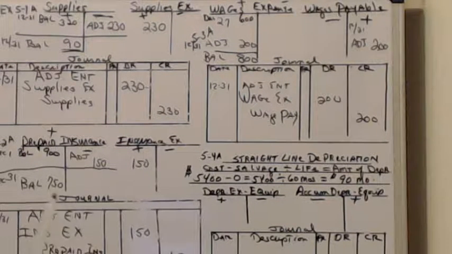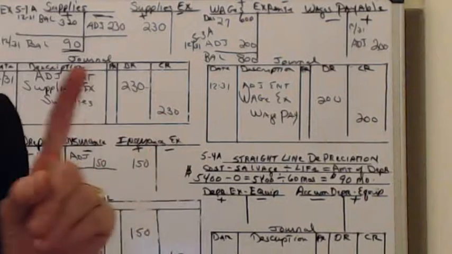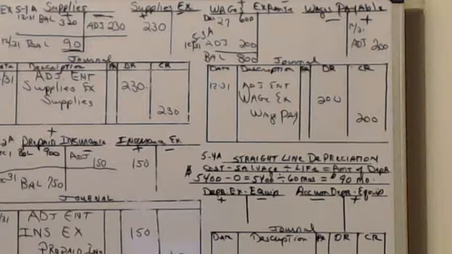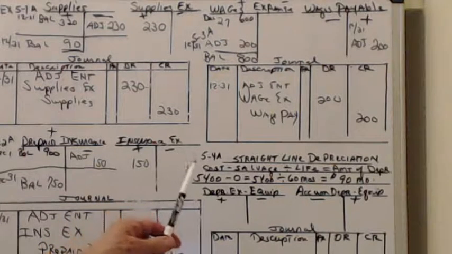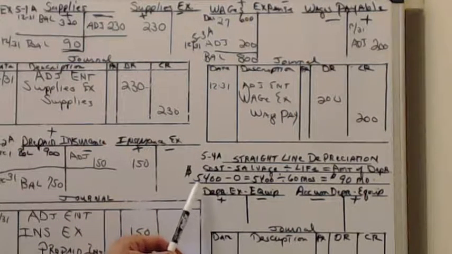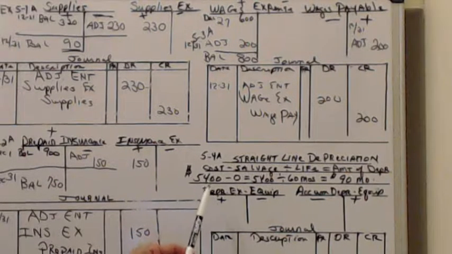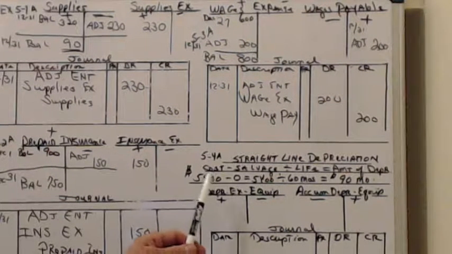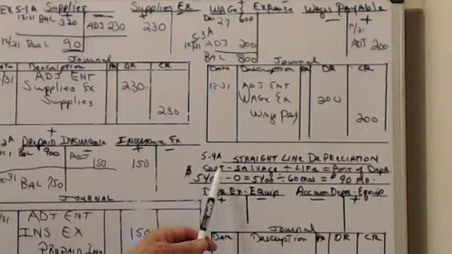So it is now December the 31st. So it's going to depreciate only 1 month, but it did lose value this month. So we're going to start off with when the person bought the equipment, it was worth $5,400.